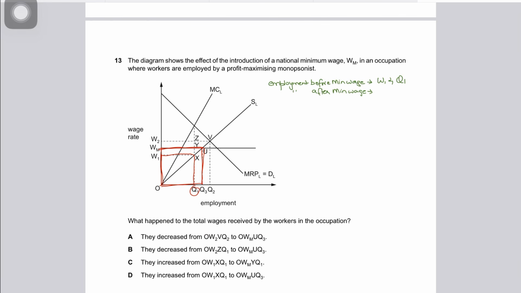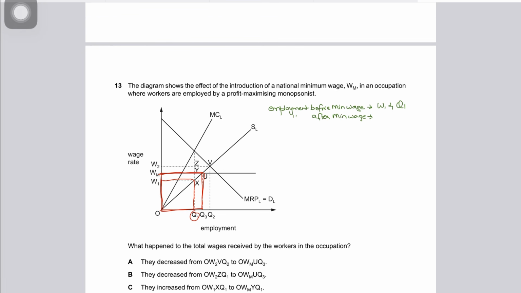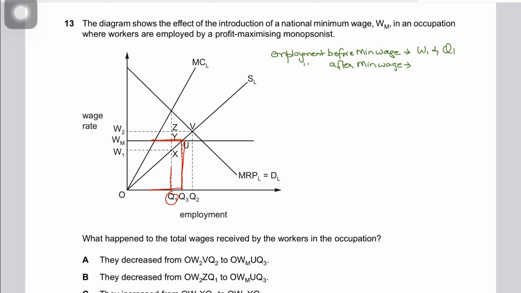So the answer has to be, I guess, D. It increases from OW1 times Q1 to OWM times Q3. So we're right, got it.